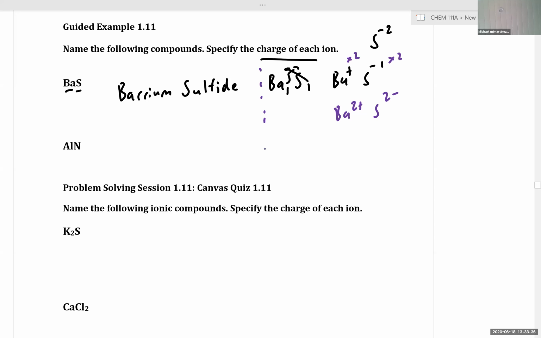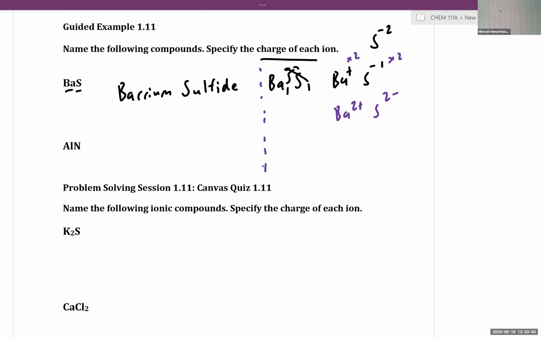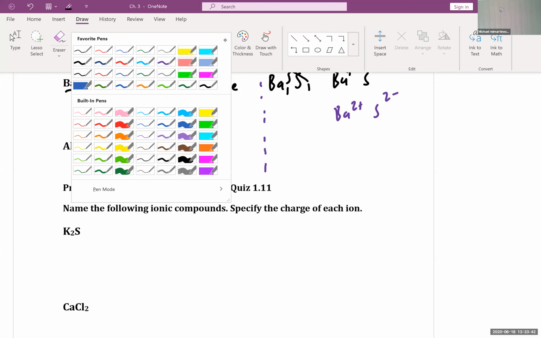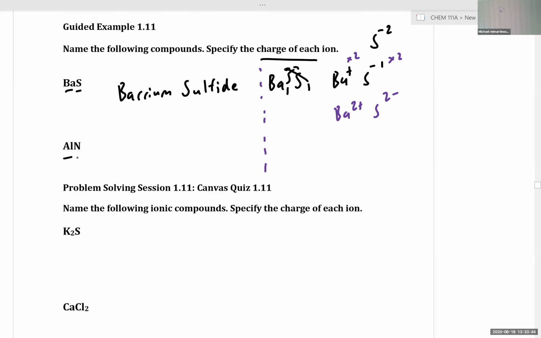This is just a separate part of the problem that I'm asking you to do. To name the compound, you just name your metal and then name your non-metal. AlN would be, we name our metal, which is aluminum. And then instead of nitrogen, we put the nit prefix, and then we end with IDE. So to answer the question, what is the charge of each of our ions? We write the subscripts.